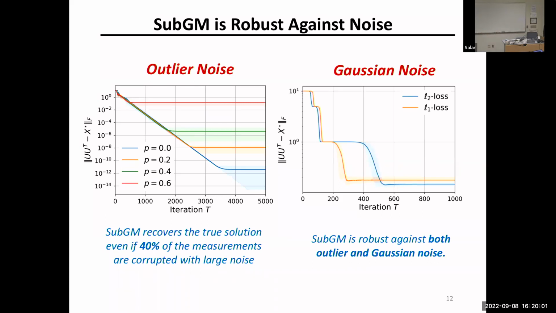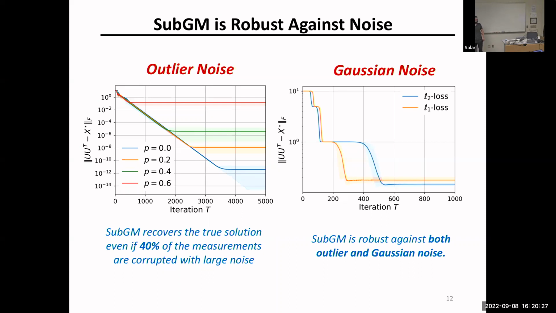You see that the accuracy achieved on the Gaussian noise is much worse than in the outlier noise. In fact, when you have Gaussian noise, there are information theoretical lower bounds on the solution. You cannot recover a solution with epsilon error where epsilon goes to 10 to the minus 14. I'm going to talk about all these points.